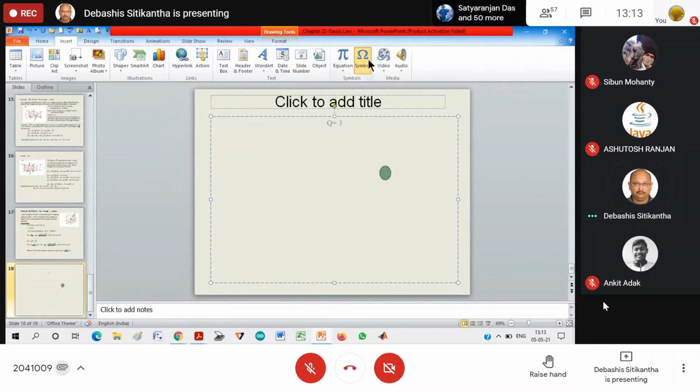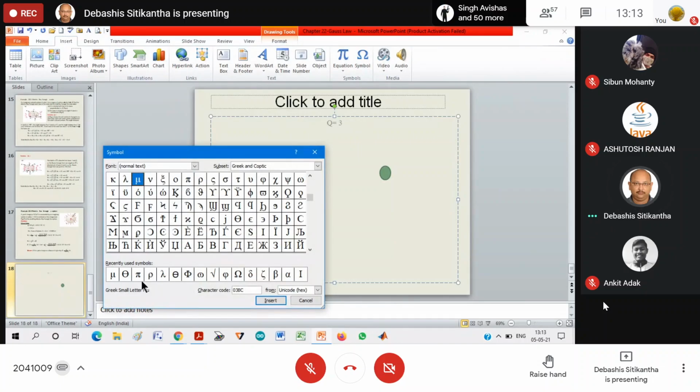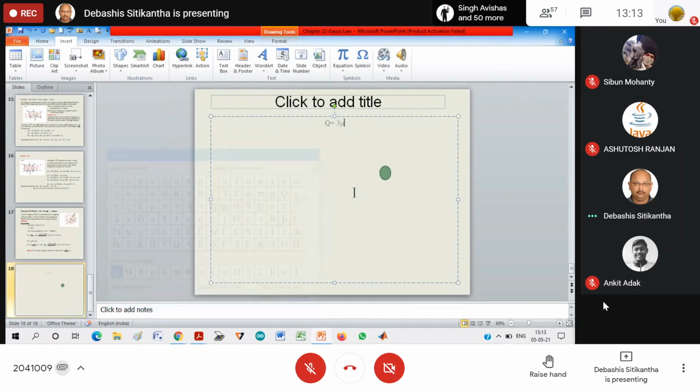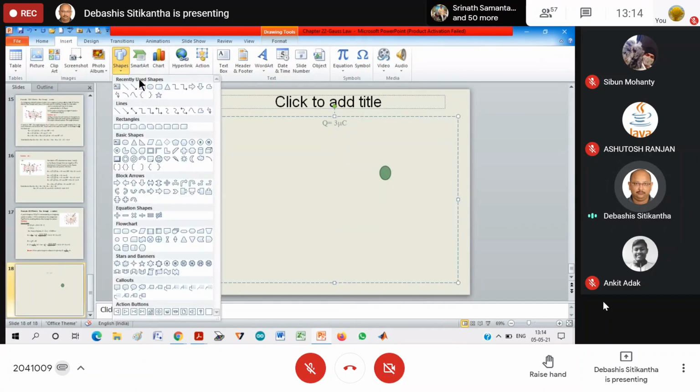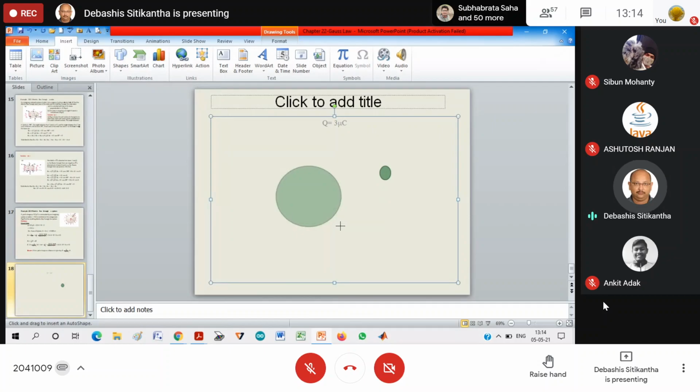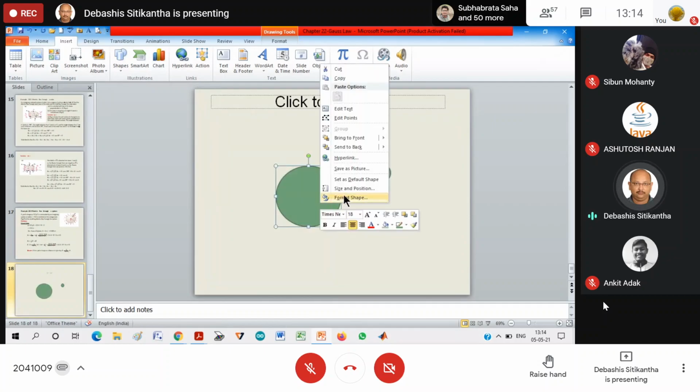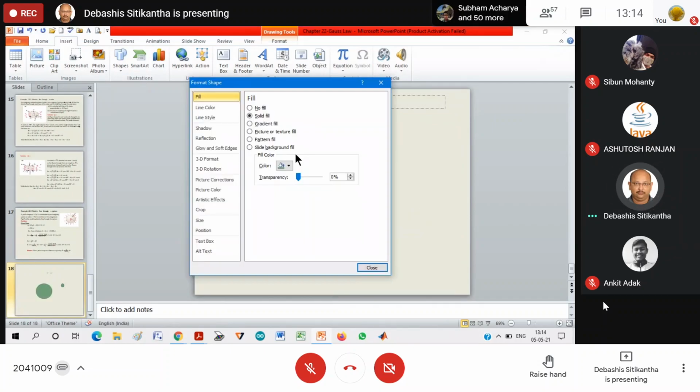That is the charge on this particular point charge, right? Now we have an imaginary sphere which is going to surround it. So this is the sphere which is going to surround it.